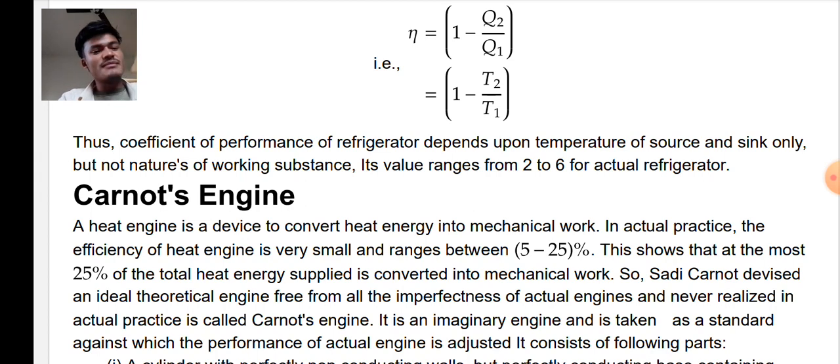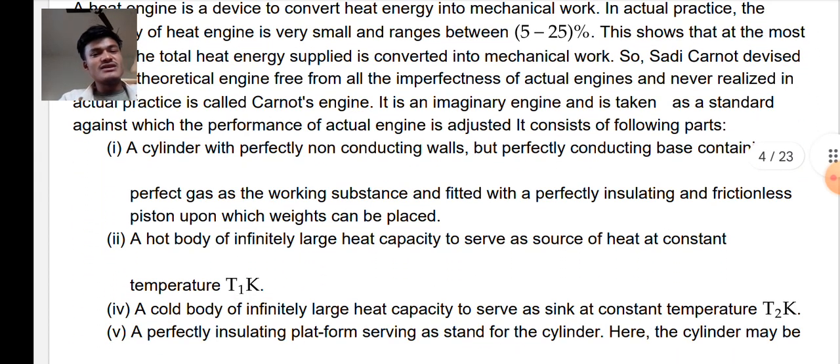It is an imaginary engine and is taken as a standard against which the performance of actual engines is judged. It consists of the following parts. A cylinder with perfectly non-conducting walls but a perfectly conducting base, containing a perfect gas as the working substance and fitted with a perfectly insulating and frictionless piston upon which weights can be placed.